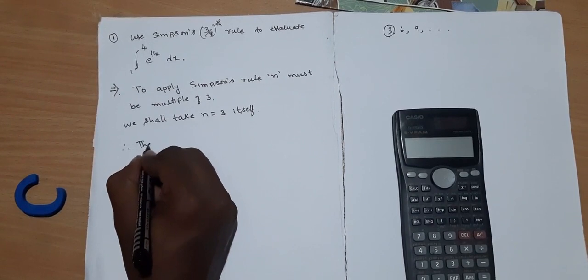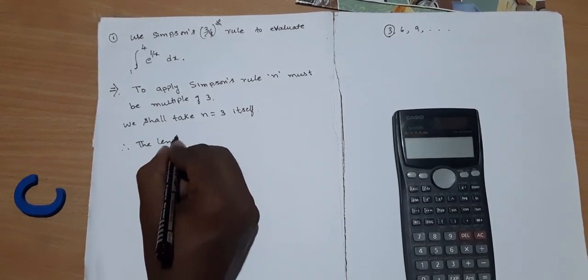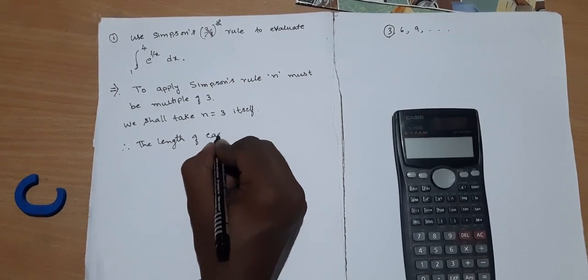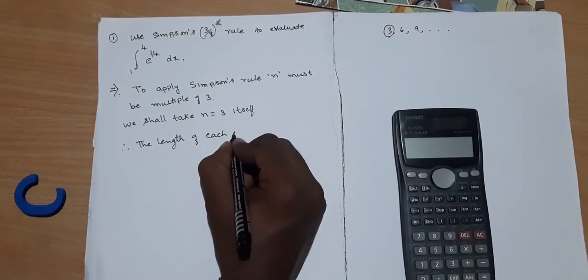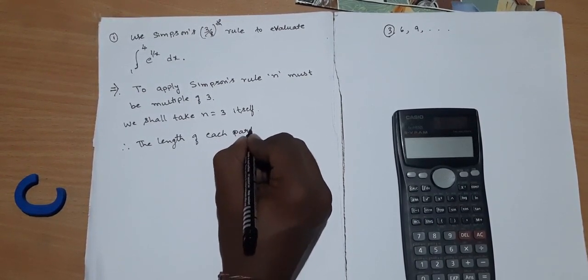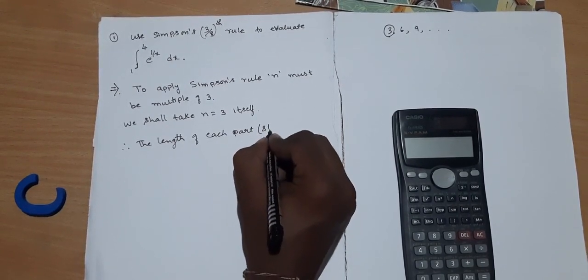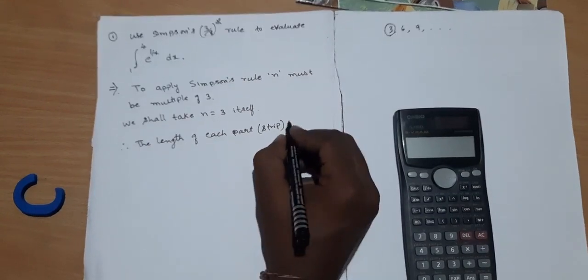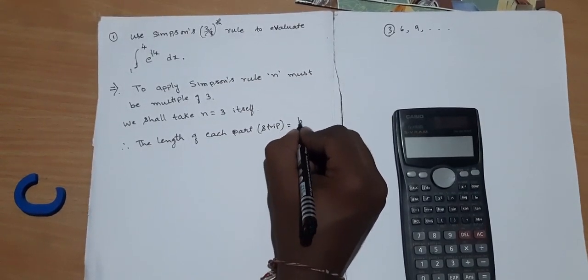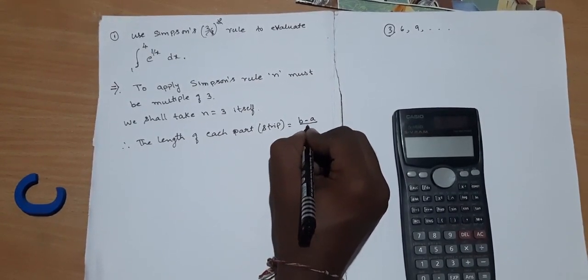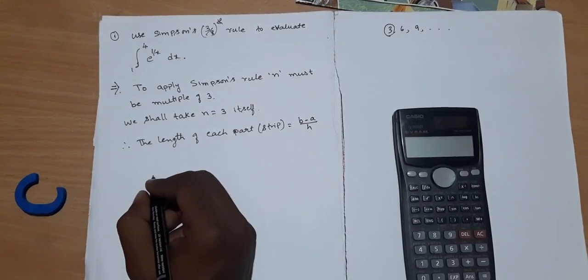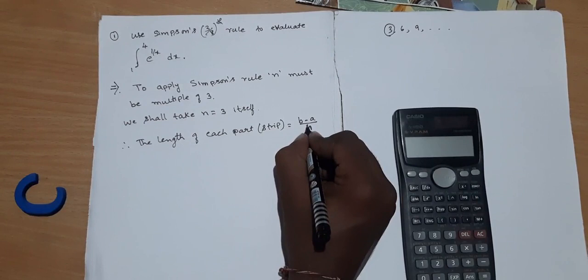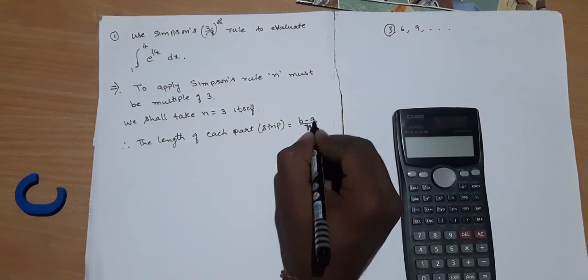Therefore, the length of each part or each strip, h, equals (b minus a) divided by n.